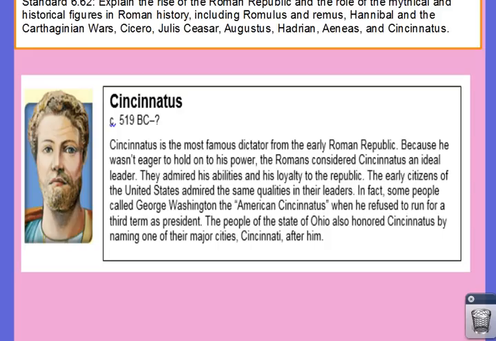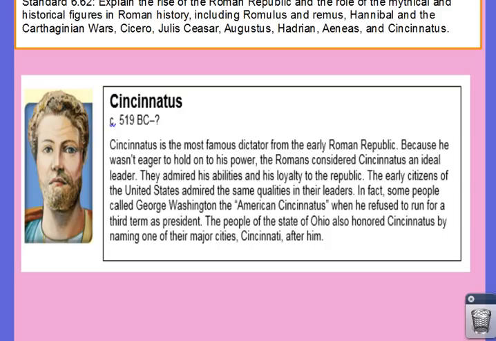He was very, very loyal to his republic. And he did, I guess, what he would consider a good deed for his republic. Because he wasn't eager to hold on to his power, the Romans considered Cincinnatus an ideal leader.